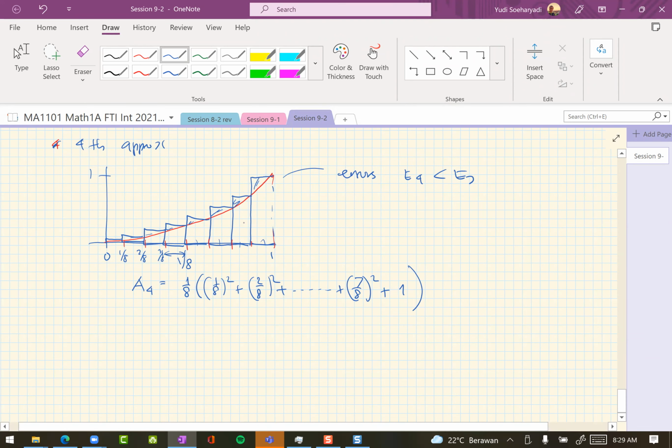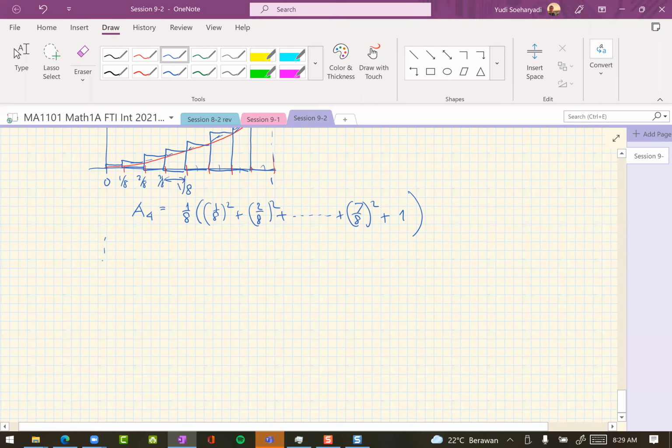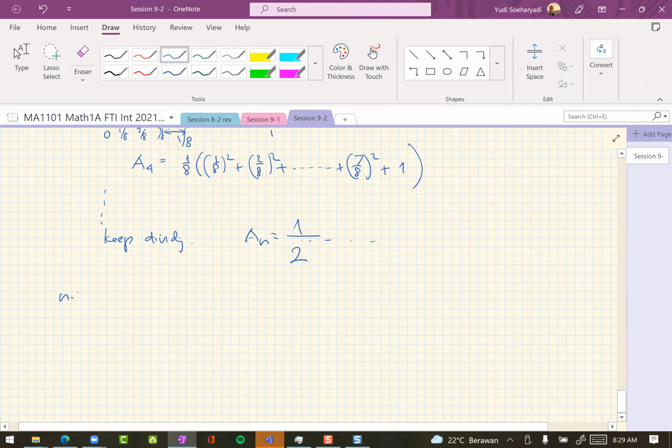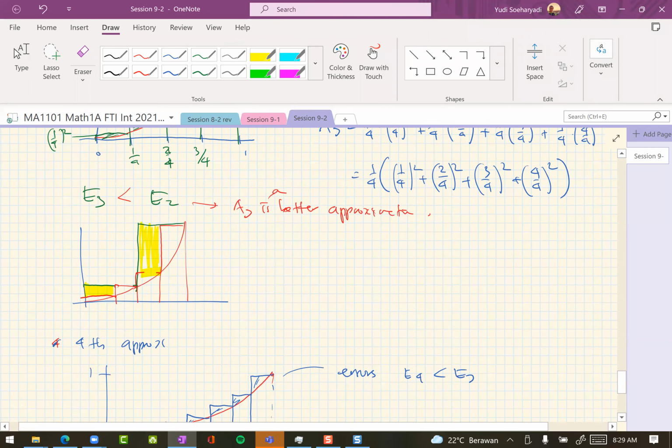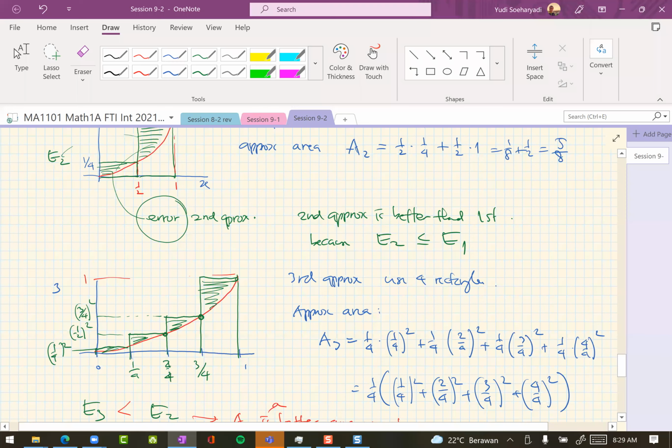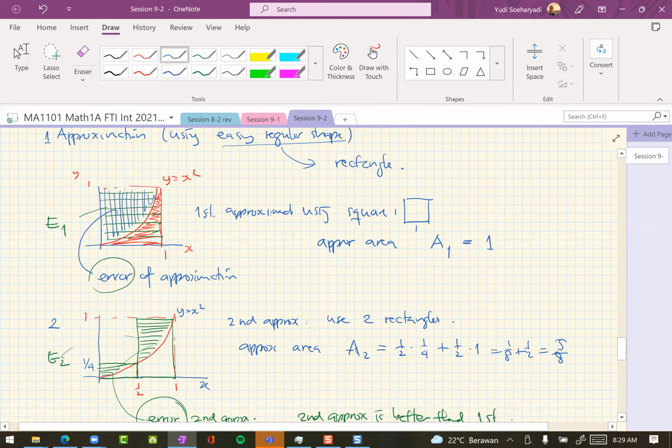Okay, so keep dividing. Okay, so you get A_n equals what? So this would be the nth approximation. As you observe the base length, here the base length is 1, right?